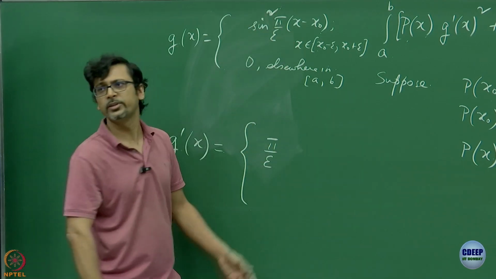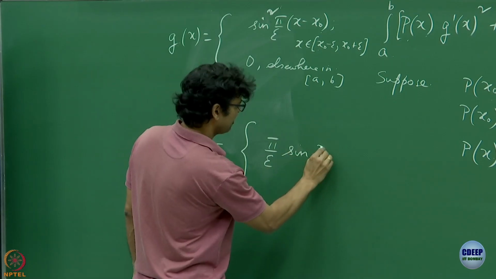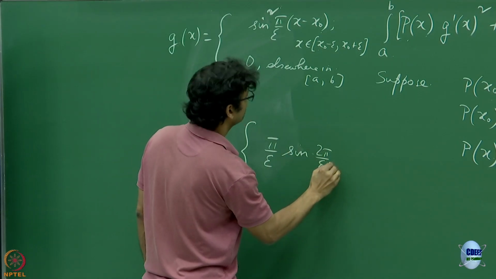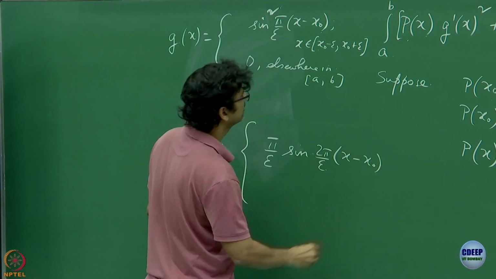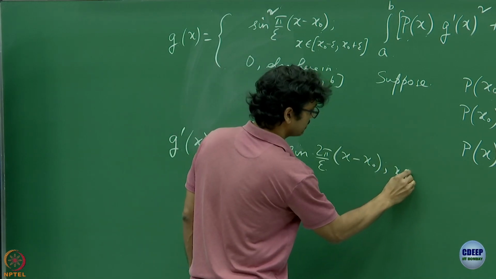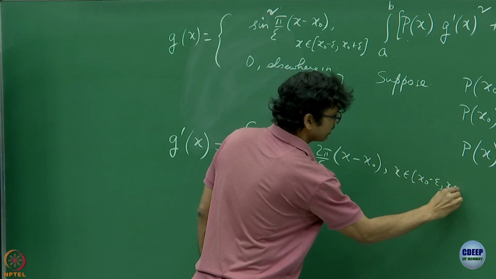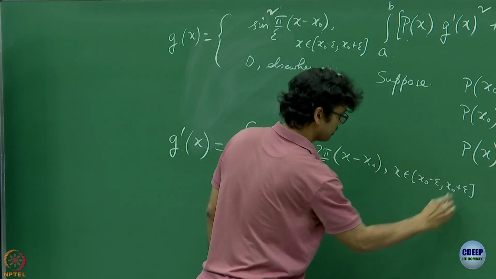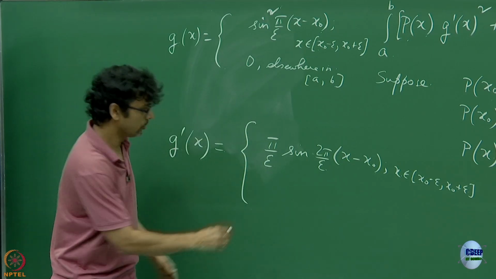Just multiple of the angle, so sine of 2 pi upon epsilon x minus x naught for x in x naught minus epsilon to x naught plus epsilon, and outside of course it's 0.